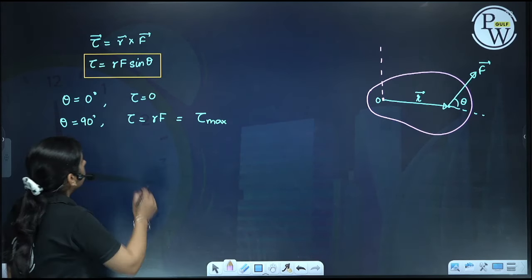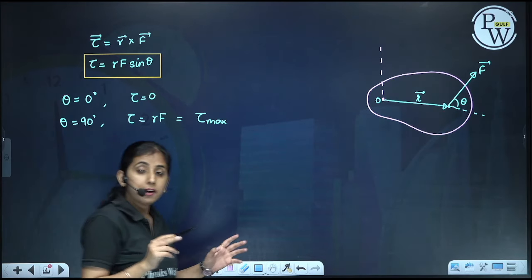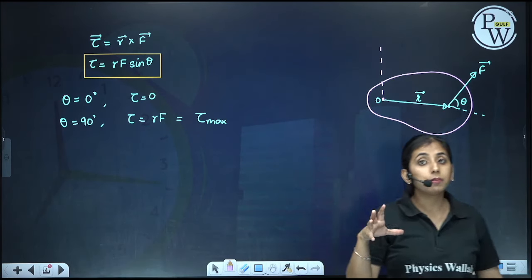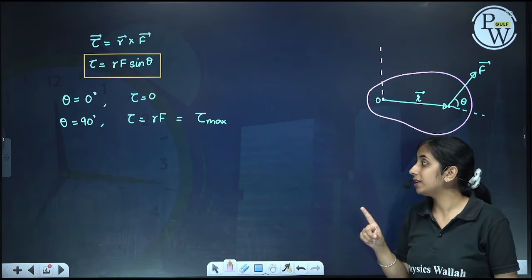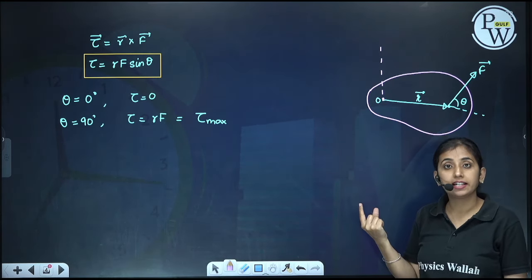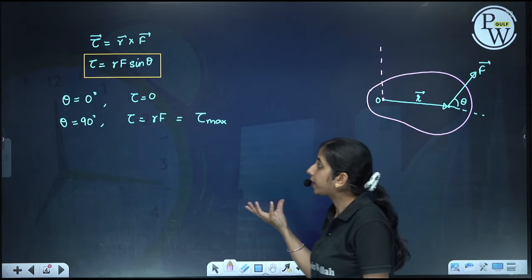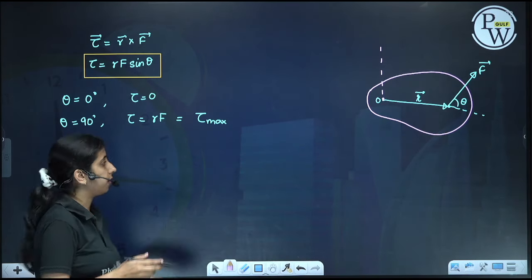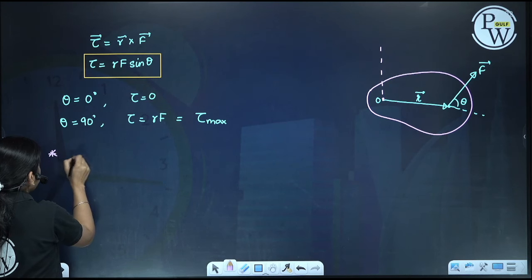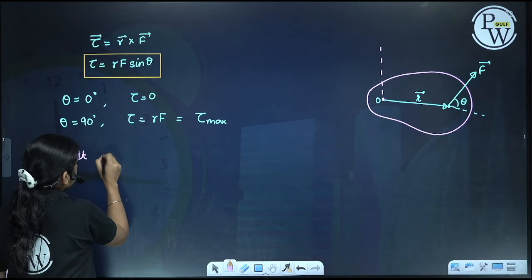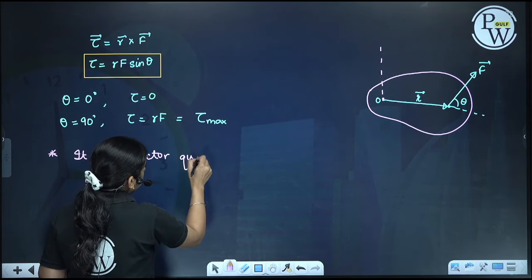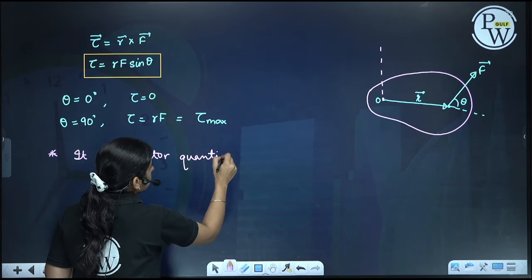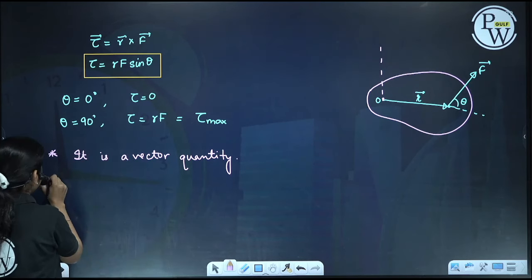Now see, torque is R into F at maximum, because sine theta can have the maximum value of +1 when theta is 90. So maximum torque acting on the body is RF. Now it is a vector quantity.